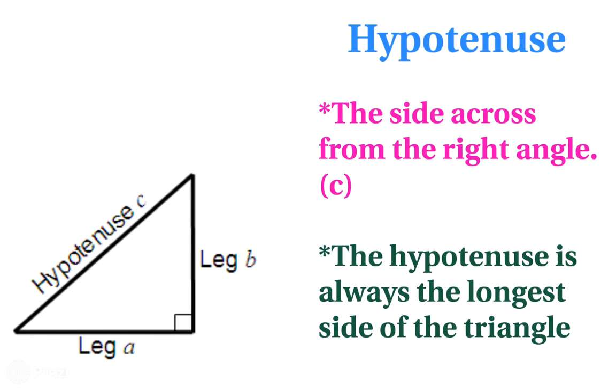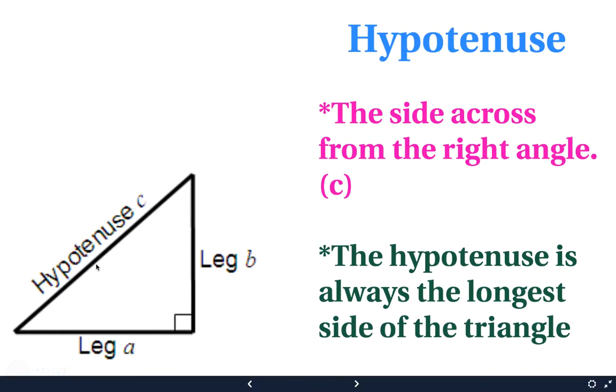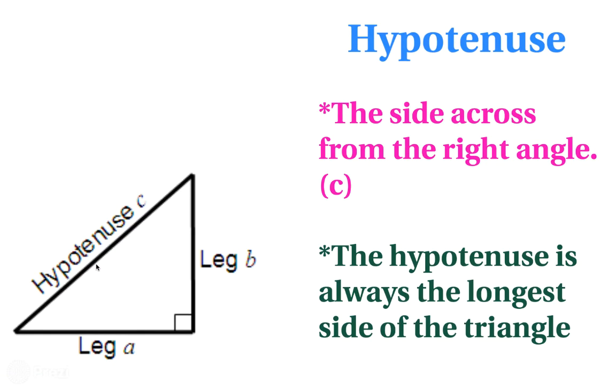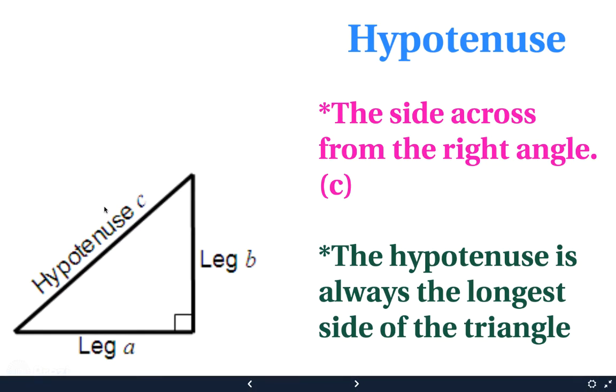Now the next piece of the right triangle is called the hypotenuse. Try saying that 5 times fast. Yeah, that was hard, wasn't it? Hypotenuse is hard to say really fast. But anyways, the hypotenuse is the side across from the right angle. So if you jump across the triangle to the side across from your right angle, bam, you have the hypotenuse, which is side C. Again, the hypotenuse cannot be one of the sides that forms the right angle.